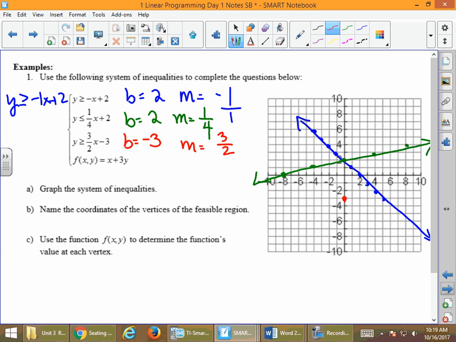So it's going to be up 3 to the right 2, up 3 to the right 2. We can also go down 3 to the left 2. And here's our third constraint.